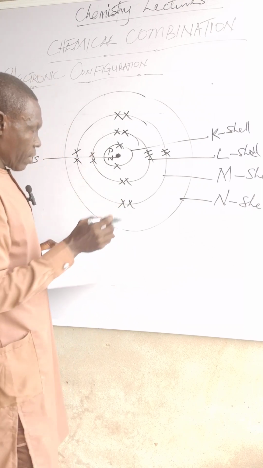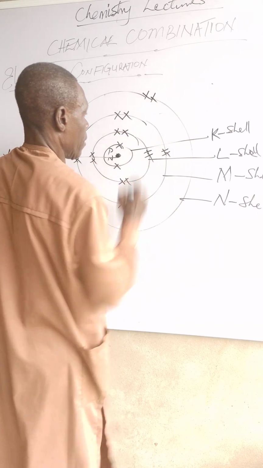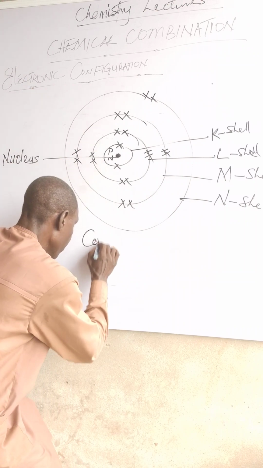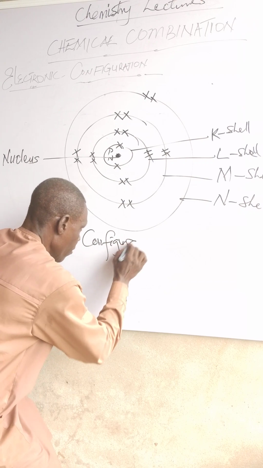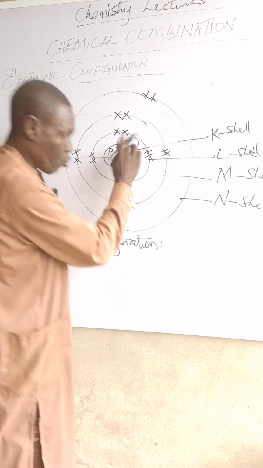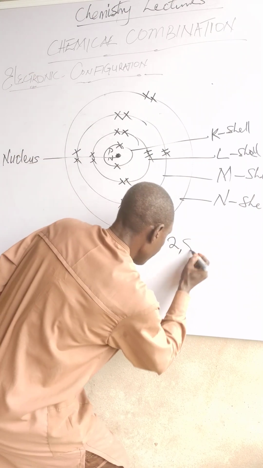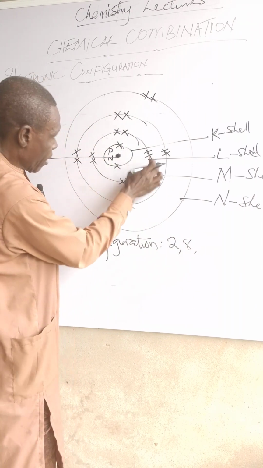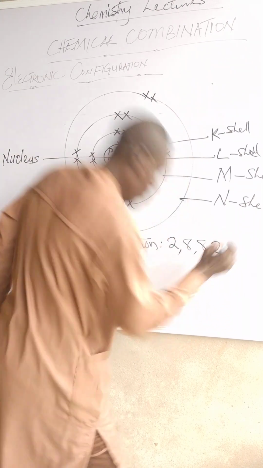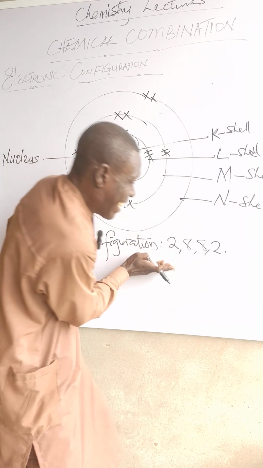Assuming you have 2 electrons left here, this configuration will tell us: the first shell contains 2, the second shell contains 8, the third shell also contains 8, and the last one contains 2.